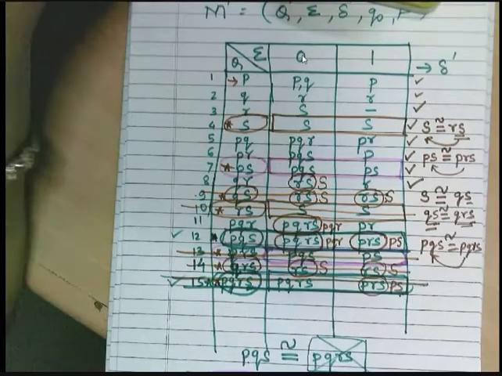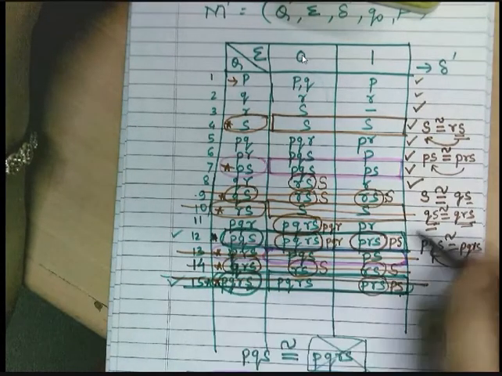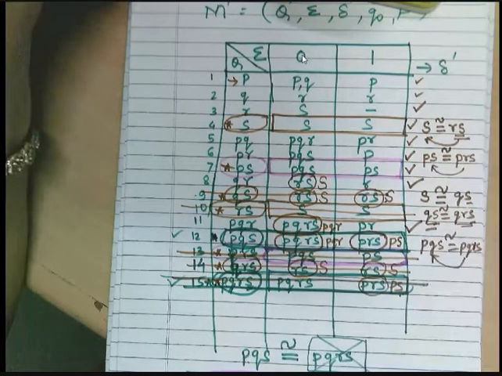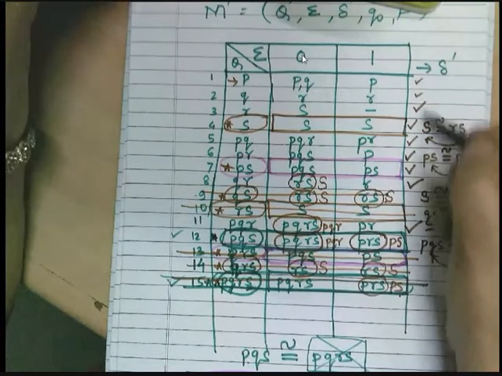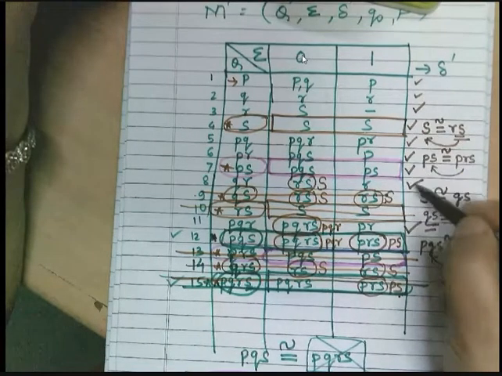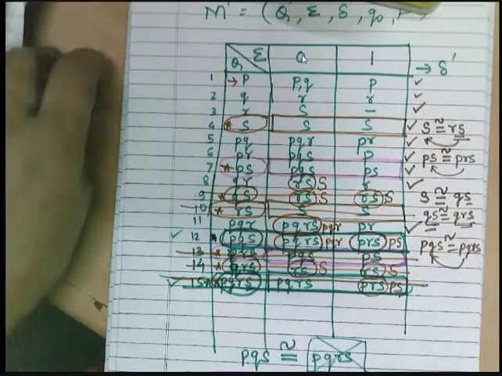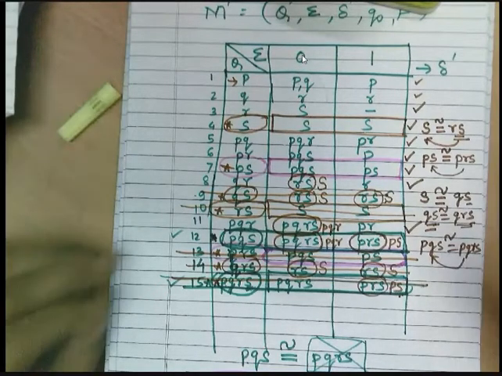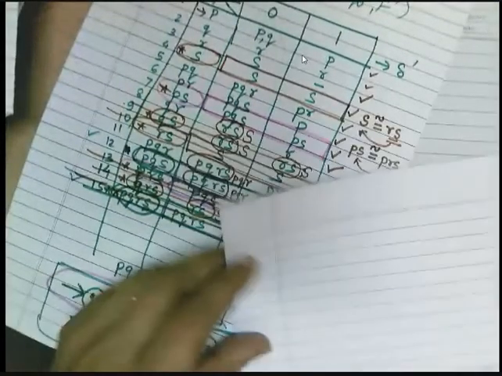So finally, see how many states are the PQR we need to consider because we have just kept it. So how many states are there? 1, 2, 3, 4, 5, 6, 7, 8, and 9. Okay, so there will be 9 states in the table. So we will finally draw this simplified or equivalent diagram.